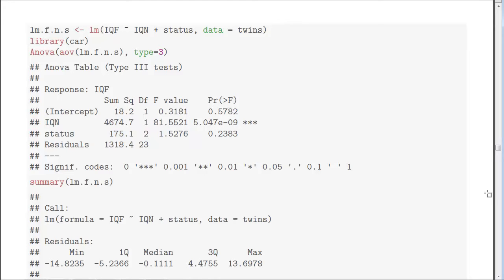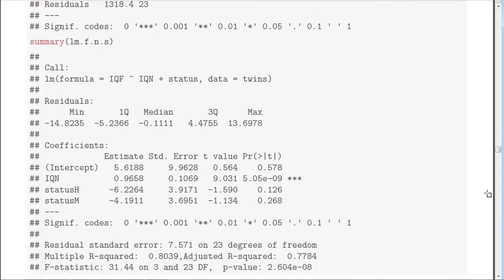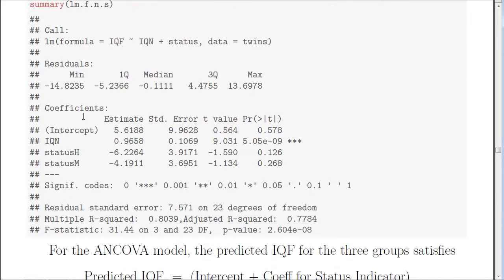Let's go through and interpret this model, however, for pedagogical reasons. If we look at the summary for this model in the coefficient tables, these are the coefficients in the model that we saw above. We have an intercept for the baseline group and the slope for the baseline group, and then we have offsets for differences in intercept from the high group relative to the baseline low group and the medium relative to the low group.